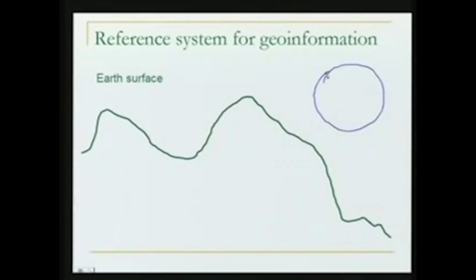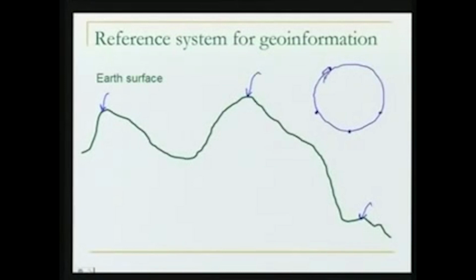Now like this, I want to map the relative positions of these points. What is their distance? These points may be located here, here, here. How do I measure their relative positions, their distances?